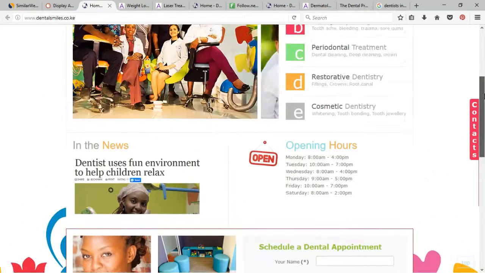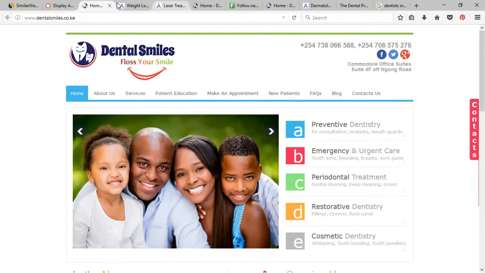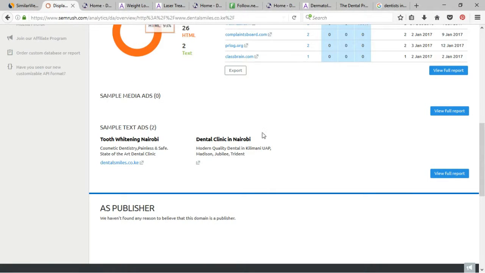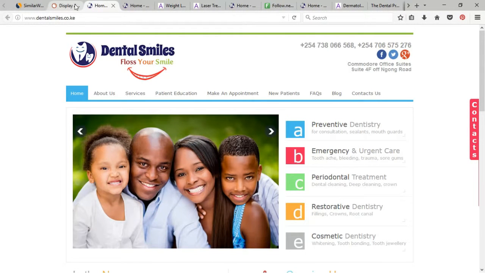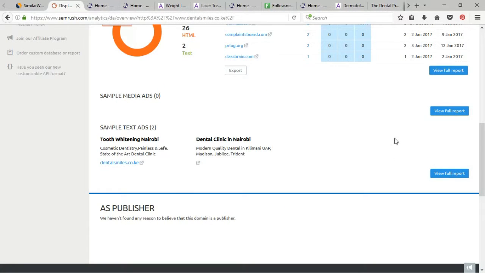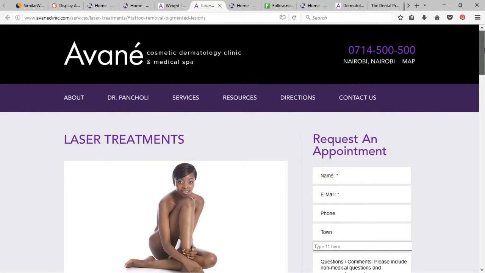If I was someone who's interested, I would just get lost. Now, this one they're doing quite well because they're just advertising themselves. So dental clinic in Nairobi, if you click on it, it takes us to their homepage. This is okay. Now, this is an example of an ad that is losing money. And I've also shown you an example of an ad that is optimized very well.